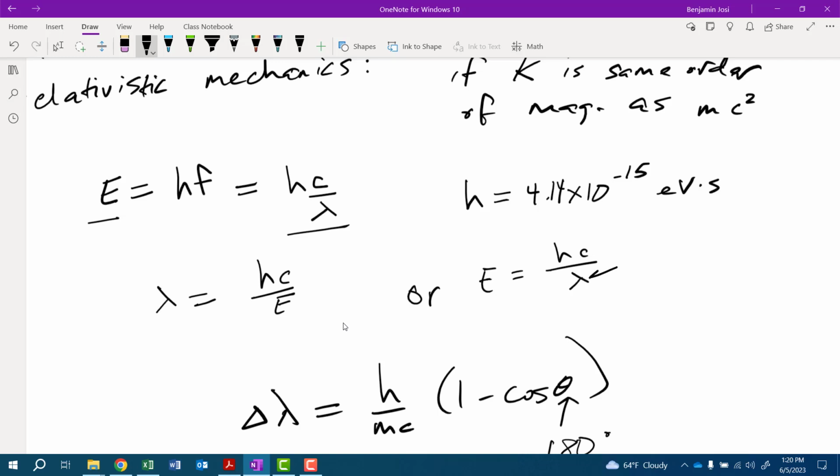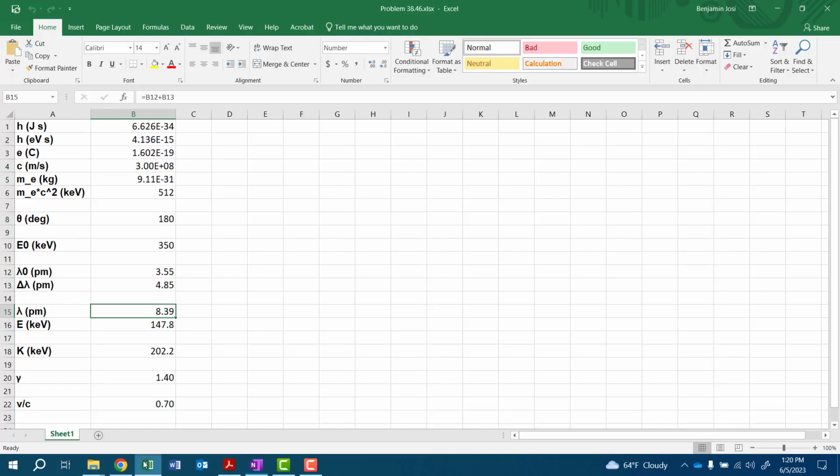Plug in that new wavelength, and if you use eV centimeters for h, you're going to get your energy out in eV. I find that the final energy of the photon is only 148 keV.